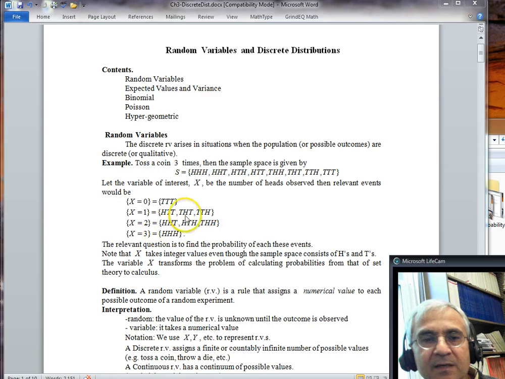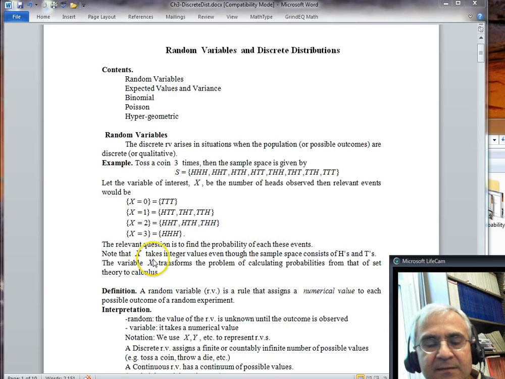If I'm tossing 100 coins, instead of having trillions and trillions of simple events to worry about, I would be interested in 100 of them, or 101. So that's a big difference. Now we have simplified the problem significantly. So the relevant question is to find the probability of each of these events.